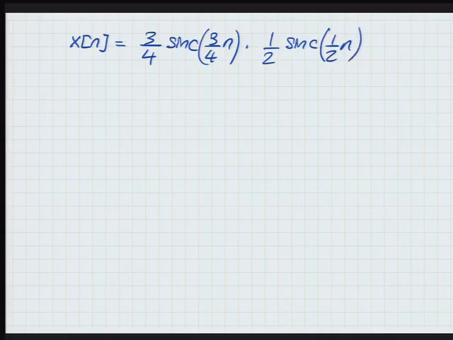Okay? So I can think of this as signal 1, x1 of n, and I can think of this as x2 of n. All right?